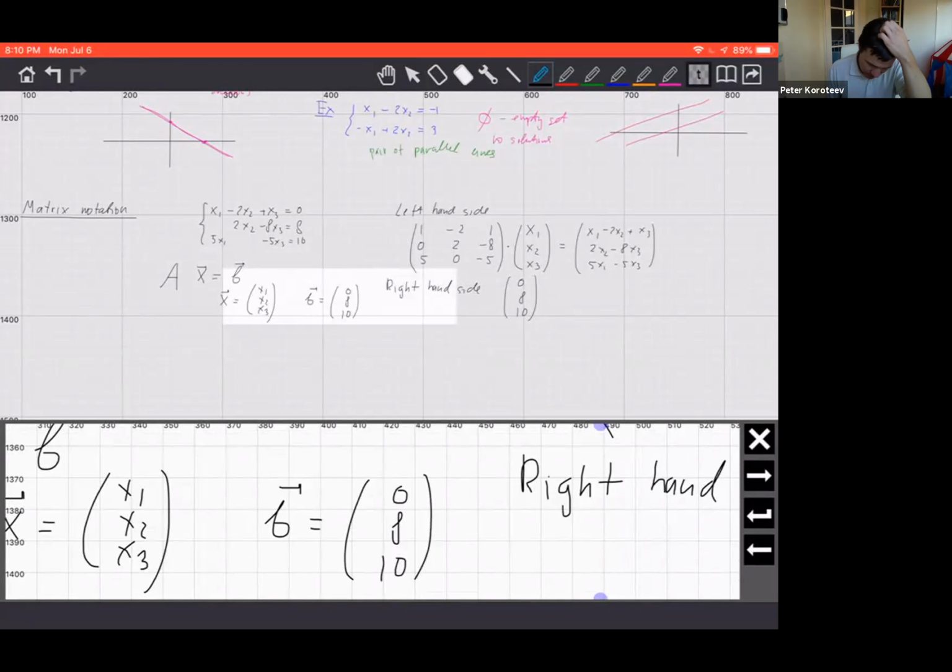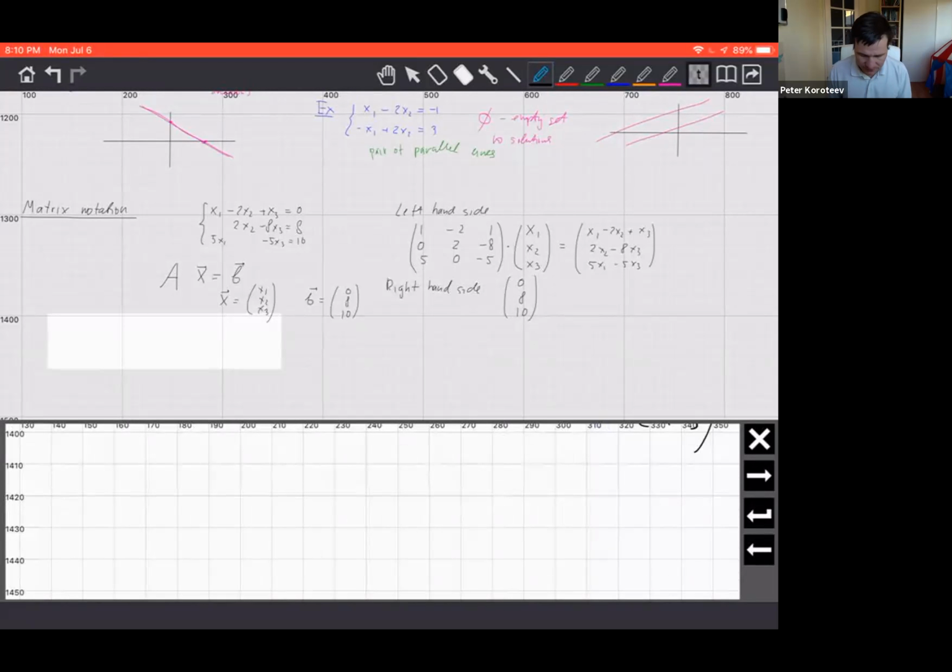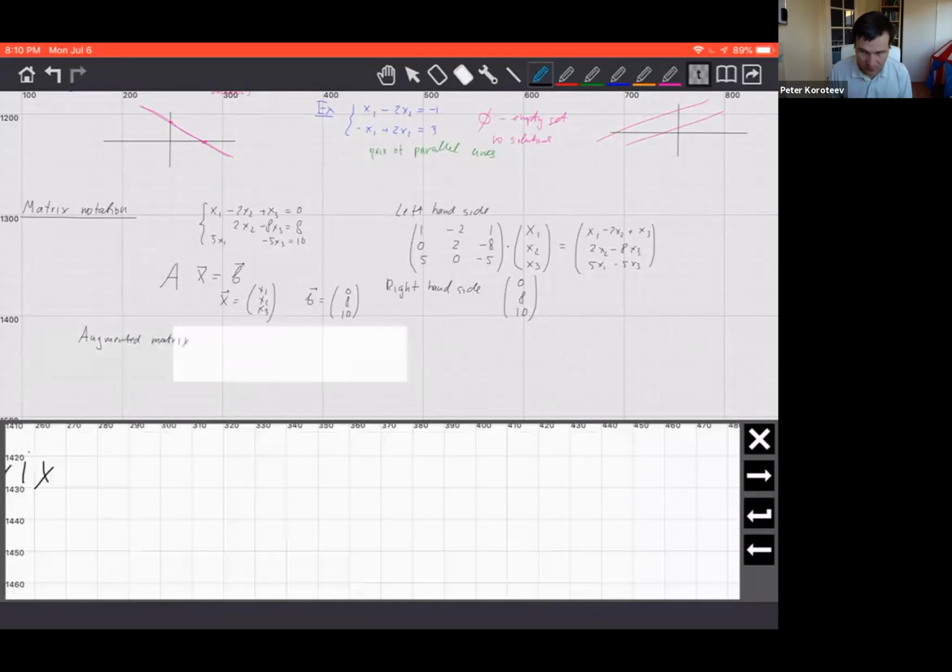Okay. Now, it will be useful for future reference to introduce the so-called augmented matrix of the system. The augmented matrix will be a matrix, in this case 3 by 4, that will contain the right-hand side of the equation as its last column.